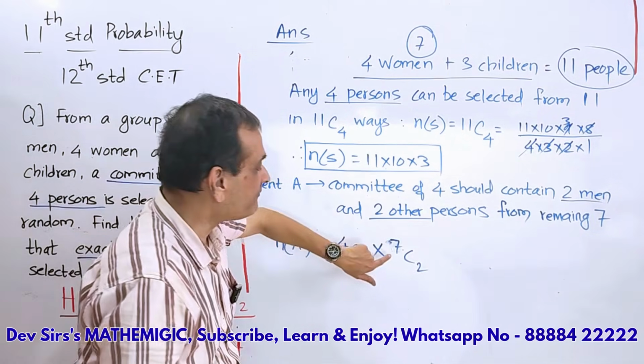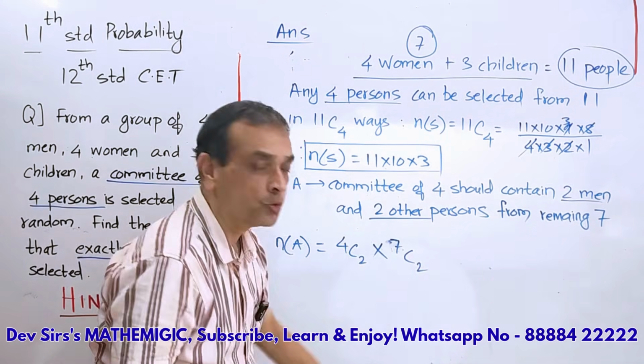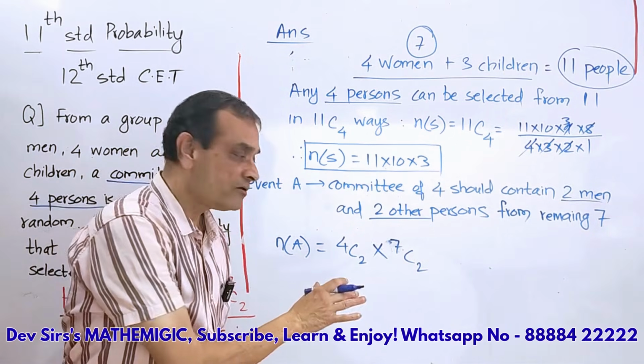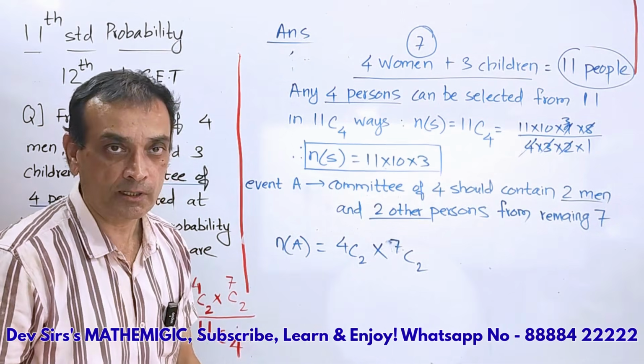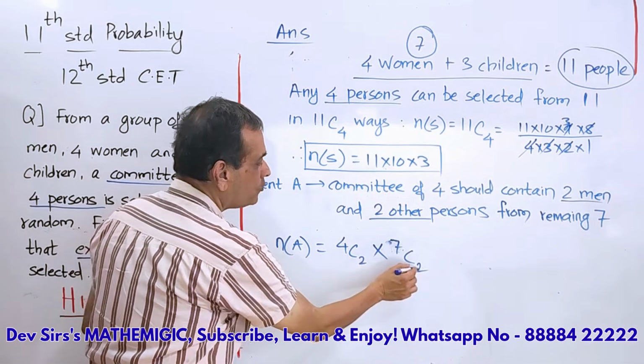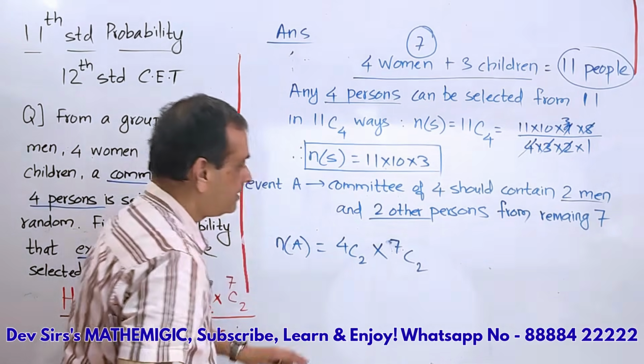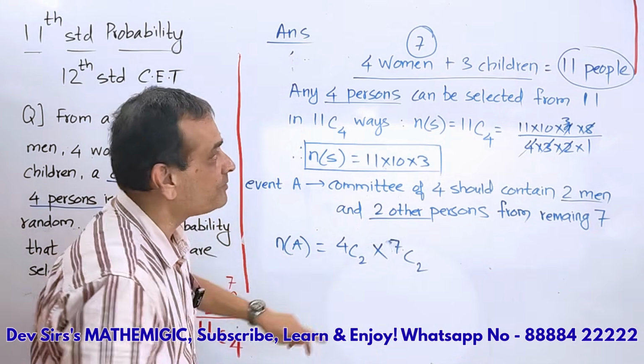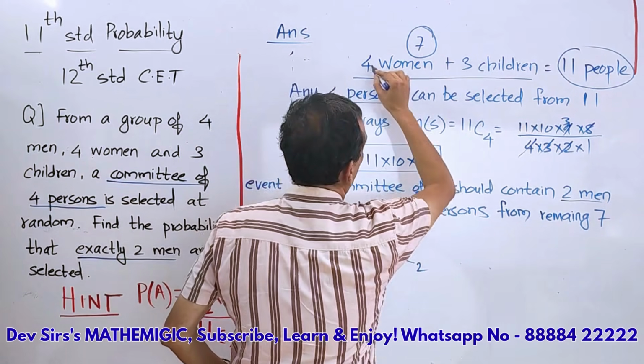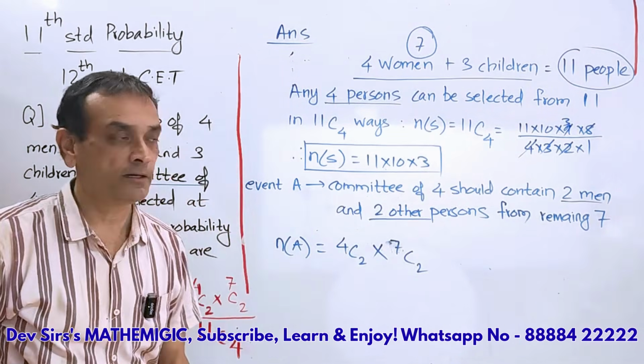So 2 persons to be selected from the remaining 7 means 7C2. That is how we form event A: 2 men and 2 other, any other persons. Again 2 plus 2 is 4. First we did 4C2, then any of the remaining 4 plus 3, 7 will do, so 7C2.